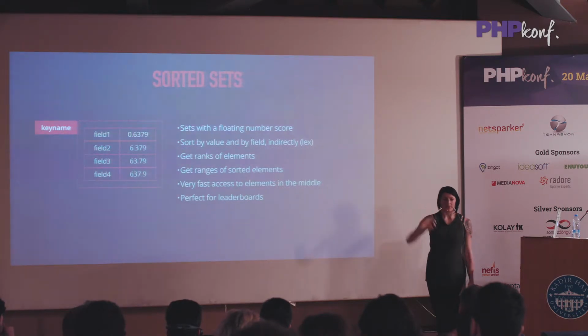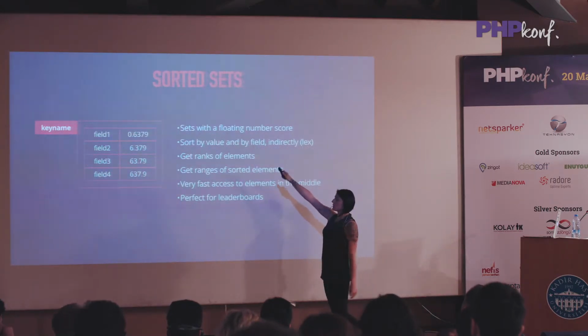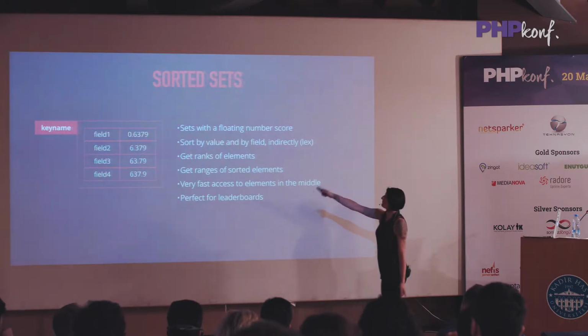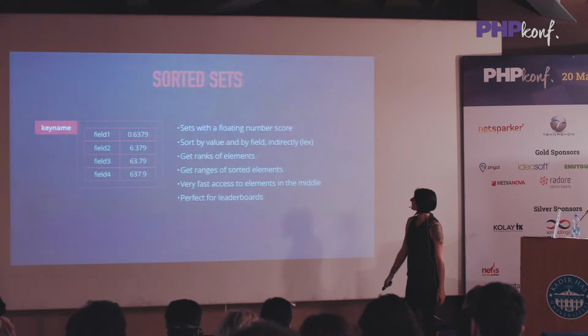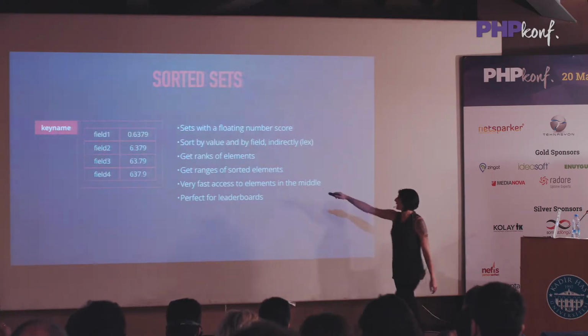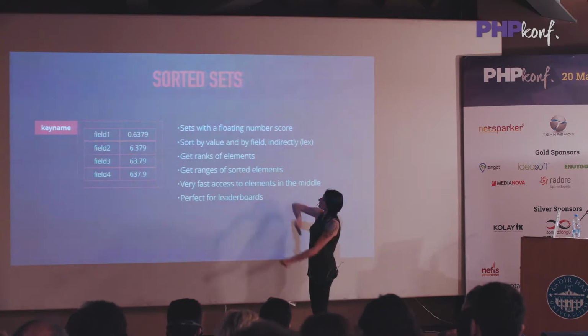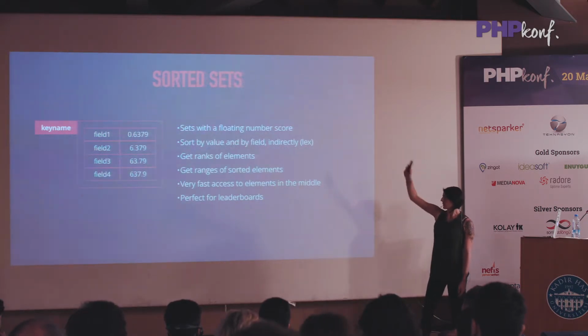It's used for auto-completion a lot. If we populate all the values with the same value, then Redis will sort by the fields. So we can get ranks of certain elements, like give me the rank of field 3. If we order ascending or descending, what is the rank for it?